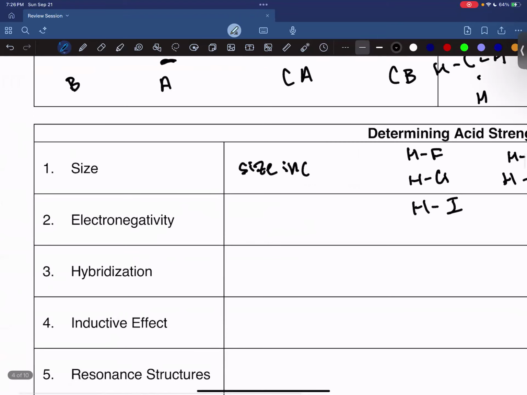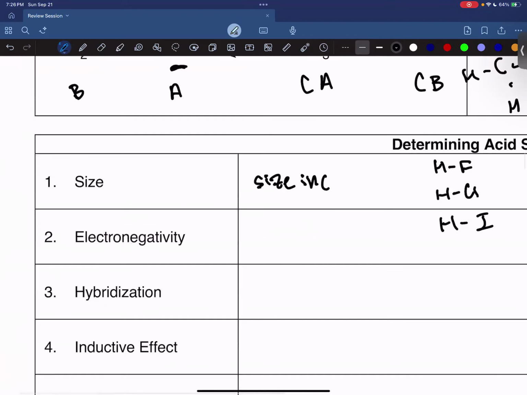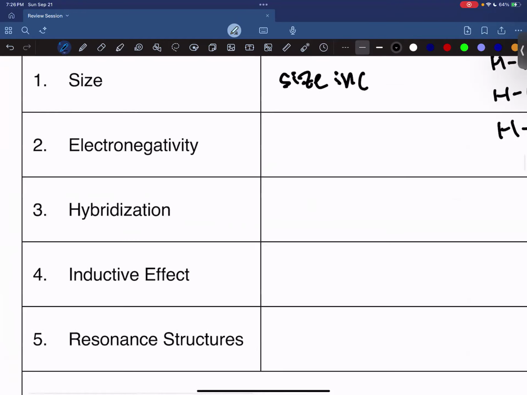Next, electronegativity increases from left to right. This is comparing them from the same period. We'll get to an example of that, so give it a sec.